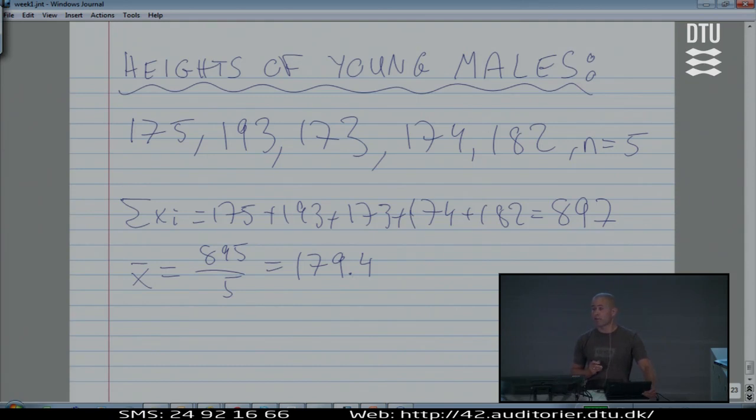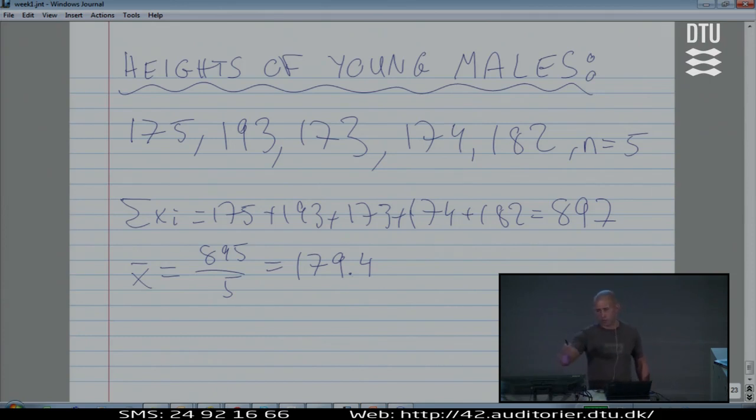If I take you as a random sample of the population of young males in Denmark, maybe you're not all Danish, but then at least young males of the western part of the world, not even that, maybe as a sample of the whole world, then this is just as it is, 179, but what statistics amounts to is to take this further.